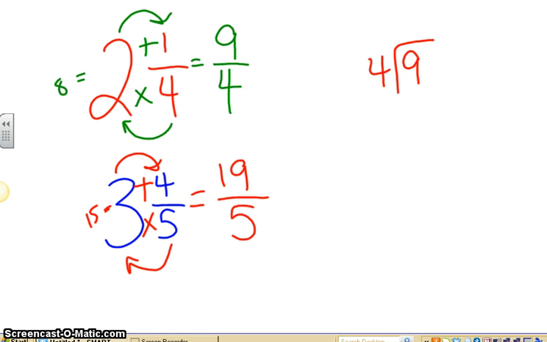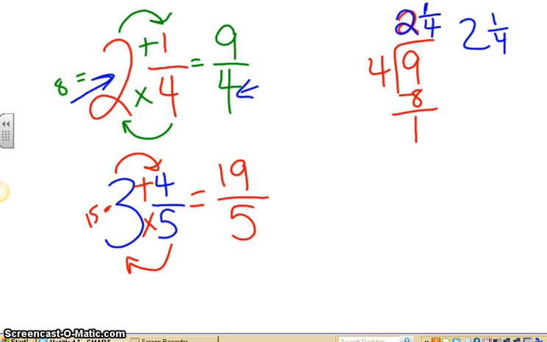And 4 goes into 9 2 times, which is 8. 9 minus 8 is 1. So my whole number is 2, right here, this 2. And then my remainder is my numerator, and my denominator is the same. It never changes. So 2 and 1/4 matches what I just did over here at the beginning, just by doing division.